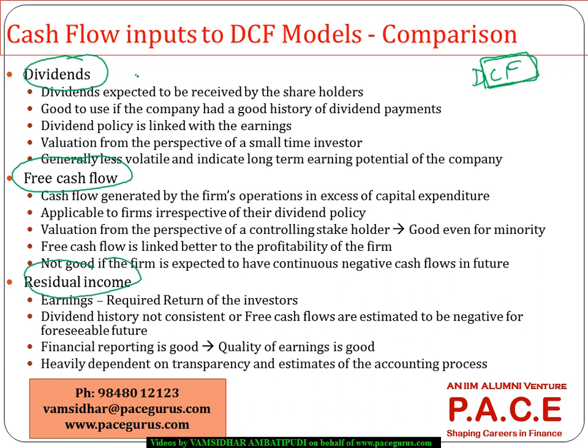We can use dividend as a cash flow, because any equity investor who has invested in a security gets the dividend as the main cash flow from the company. So dividend can very well be used as a cash flow.